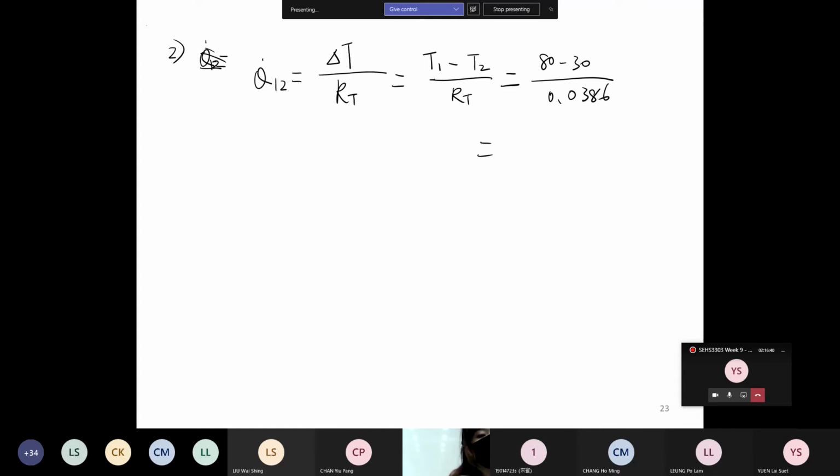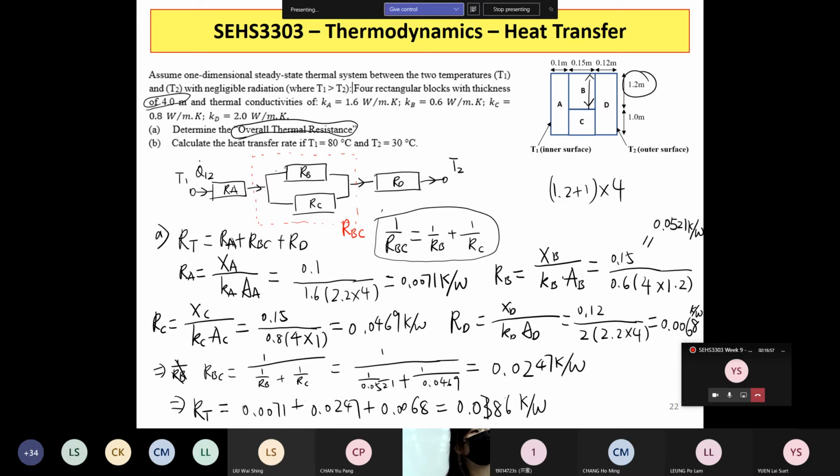Conduction heat transfer rate. Good. Follow? That's how we calculate the total thermal resistance by using the electrical analogy method.